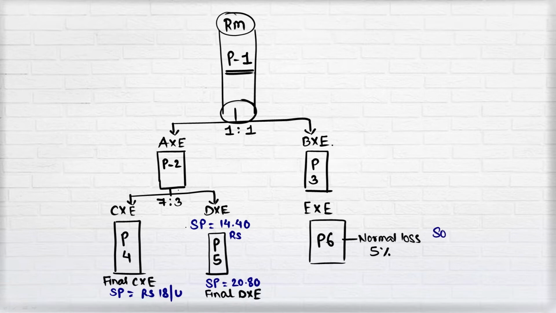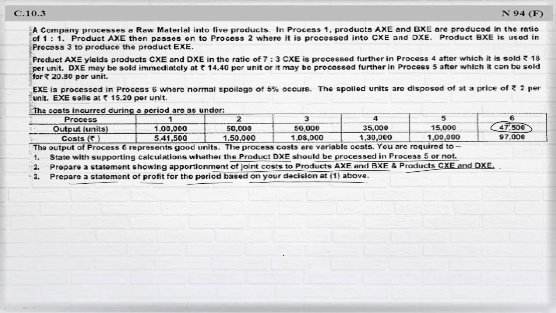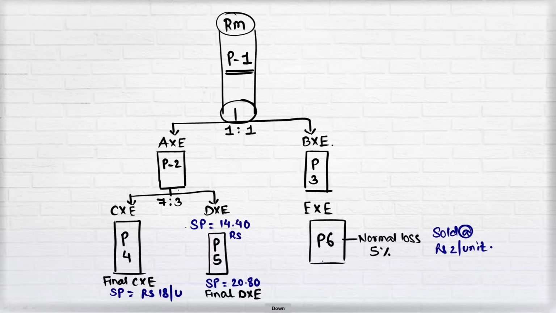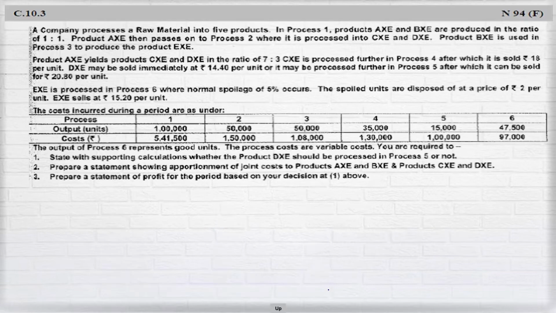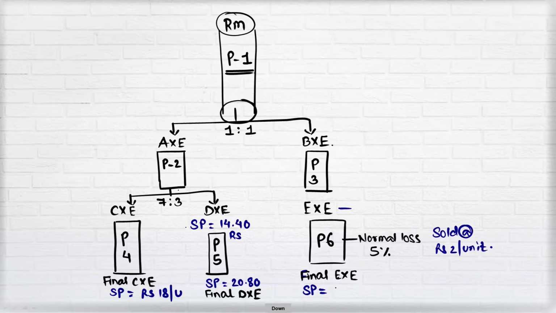So this can be sold at the rate of rupees 2 per unit. EXE sells at 15.20 per unit. They mean to say this process is compulsory. There is no option to sell it over here. You need to do process 6 and your final EXE will have a selling price of 15.20 rupees per unit.